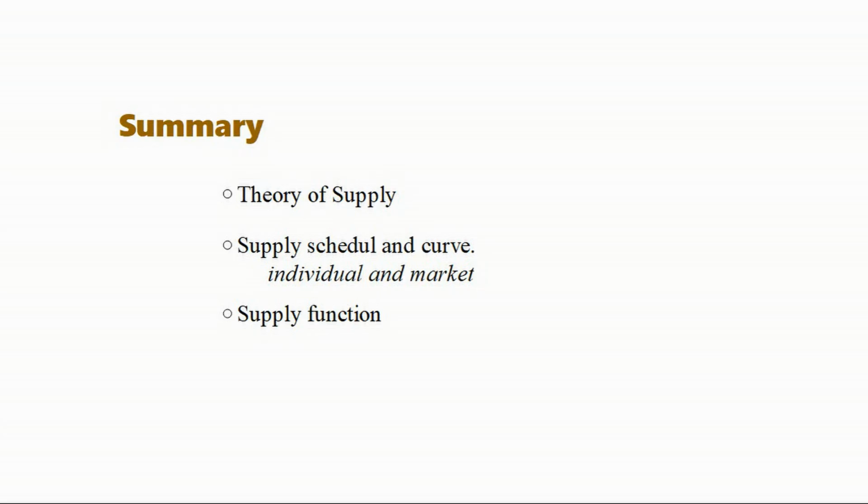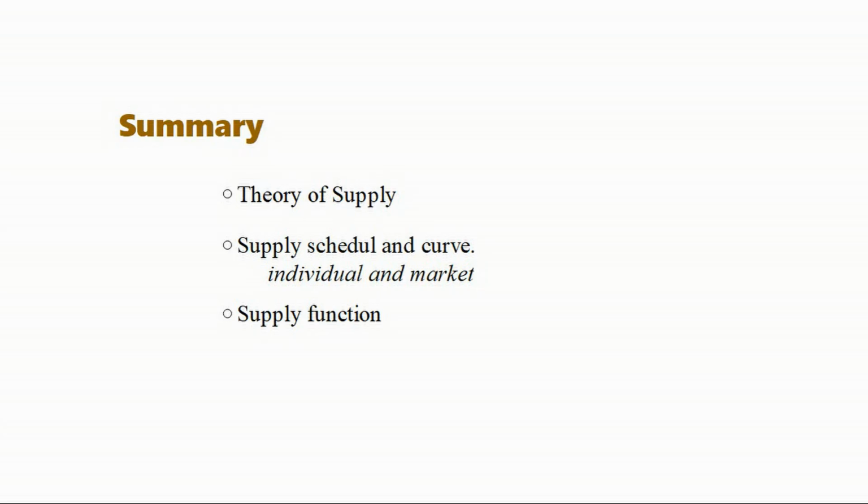Supply schedule is a tabular statement that states the different quantities of a commodity offered for sale at different prices. Here again we have two types of supply schedules: individual supply schedule and market supply schedule. The individual supply schedule represents the individual firm's supply of a commodity at different prices per time period.